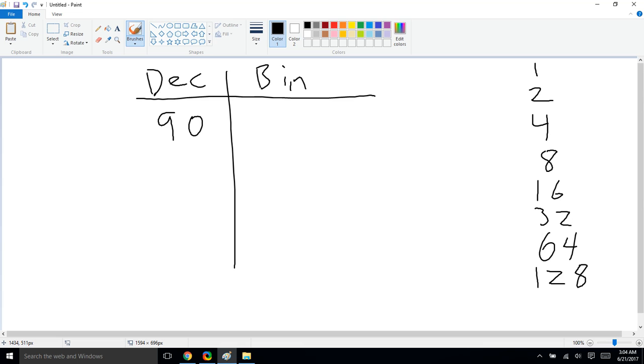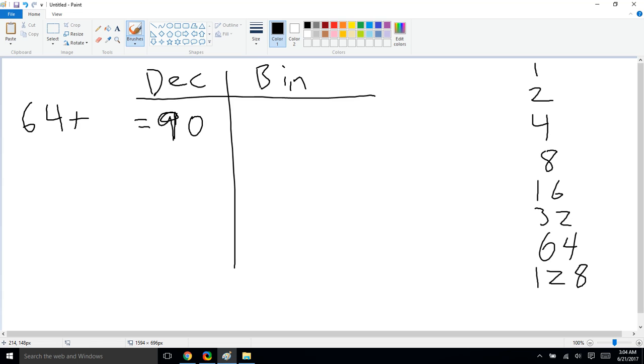If we start writing them out and we get to a number that's higher than what we're looking for, then that's enough. So 90 is going to be equal to 64 plus something. If you take 64 out of 90, what's left is 26.